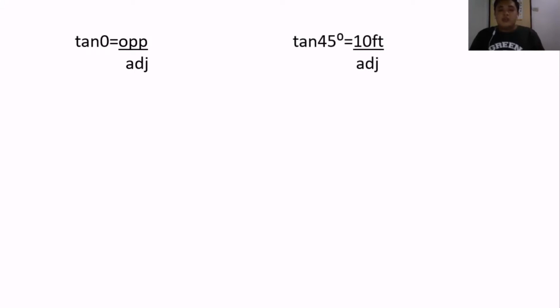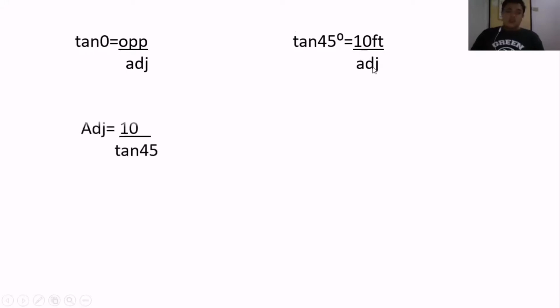Input our given, but this time, as you notice, adjacent is the one missing, since we're looking for the distance between us and the grenade. So let's input. But this time, for us to be able to solve it, we'll put tan 45 degrees and exchange its position with adjacent.